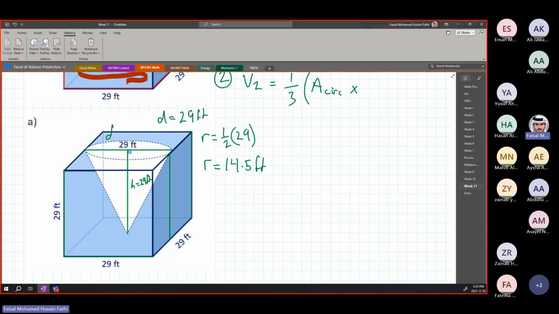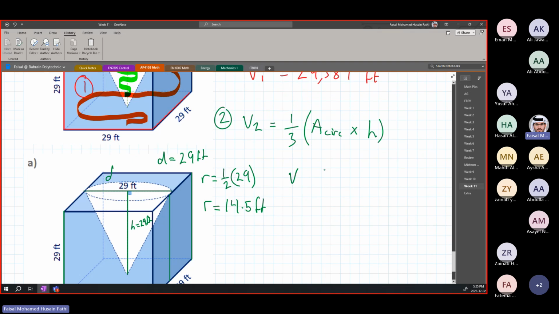Okay? Now, times the height. So V2 is equal to 1 over 3. Area of a circle is pi r squared, which is 3.14 times the radius. What was the radius found to be? 14.5 squared times the height.